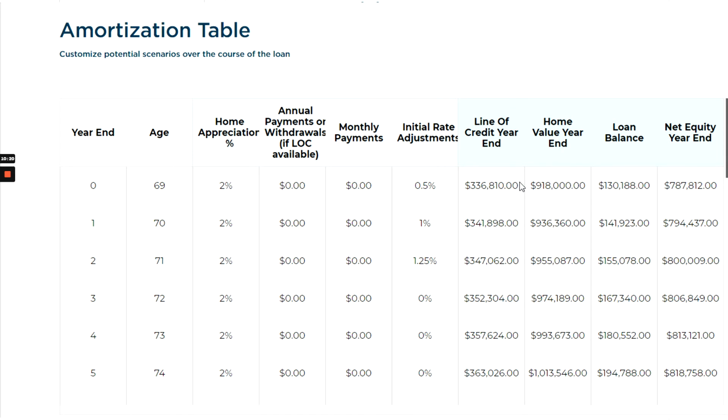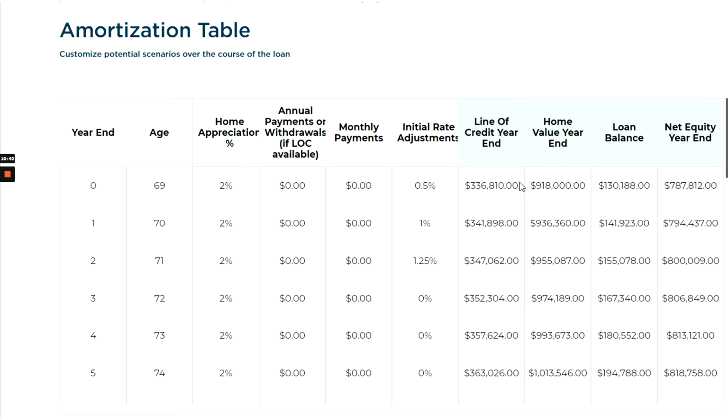Now, the non-HECM can give you a higher loan amount, and it also is available for ages 55 and up. The HECM, you have to be 62. So you do have a younger age, you can access this non-HECM loan.